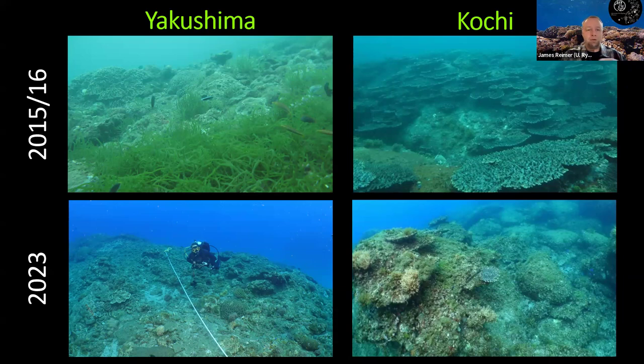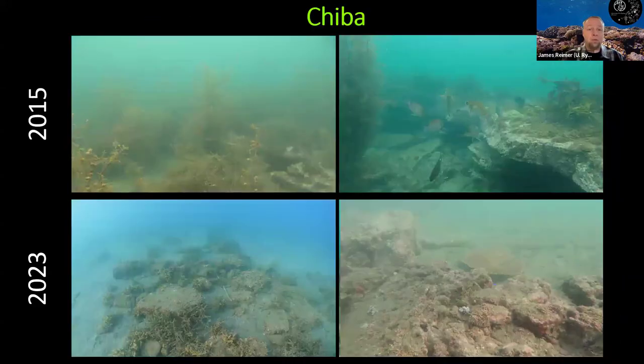The warm current, the Kuroshio, which I'd shown you in the previous slide, that brings this warm water to mainland Japan, had meandered. And during winter, all the corals had died. So this was a very different scenario than we would have predicted originally. And on the next slide, I'm going to show you, this is just south of Tokyo in Chiba.